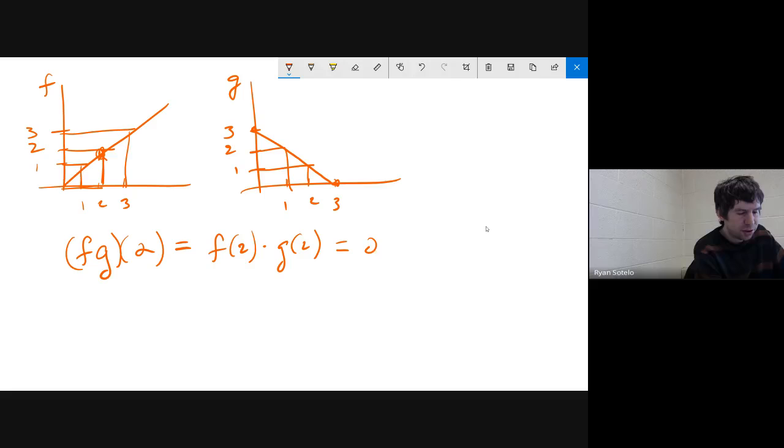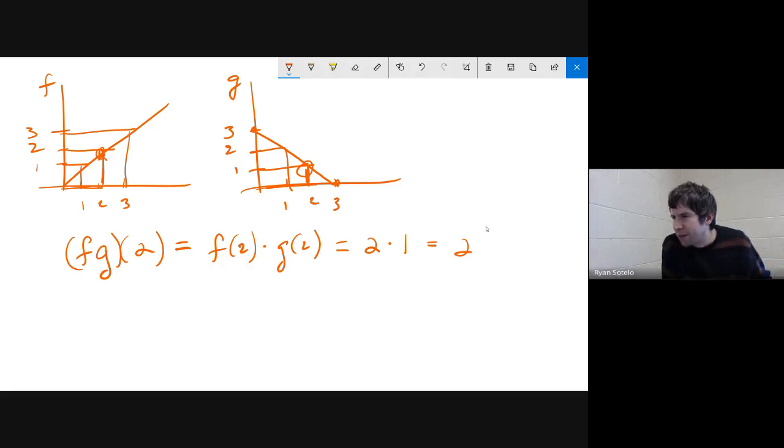So f of 2 is 2. And g of 2 over here is 1. So it's just 2 times 1, which is 2. So you can use the graph to figure these out when they're asking for the function at a specific number. Are you guys good with that? Questions?